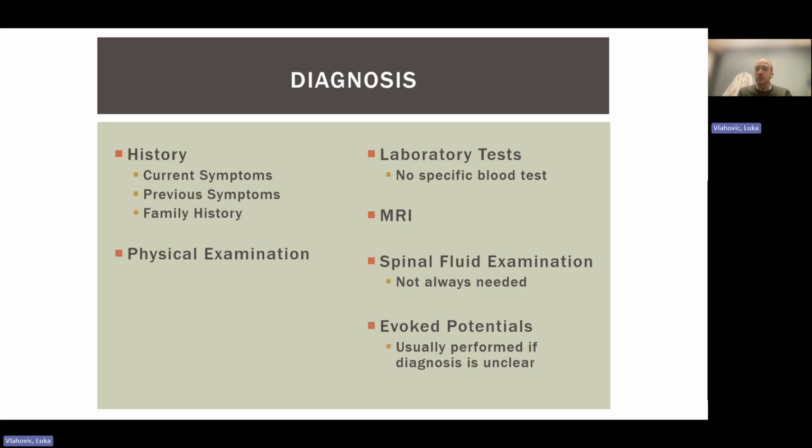And evoked potentials, or I could add optical coherence tomography, is another test that can help us look more into optic pathways and optic nerves that can be frequently affected in MS, especially when we need to fulfill those criteria for dissemination in space and time, to accurately diagnose MS.